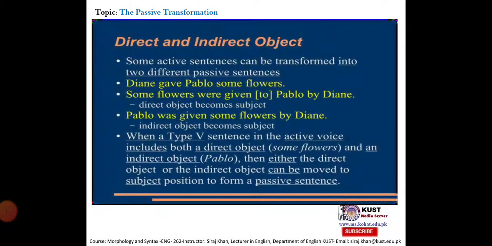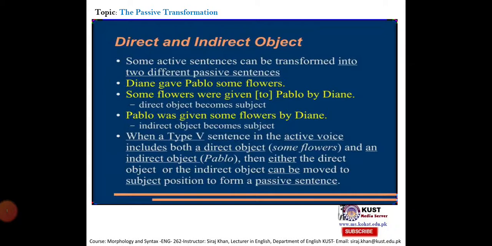Direct and indirect object. Some active sentences can be transformed into two different passive sentences, like Diana gave Pablo some flowers. Some flowers were given to Pablo by Diana: the direct object becomes subject.